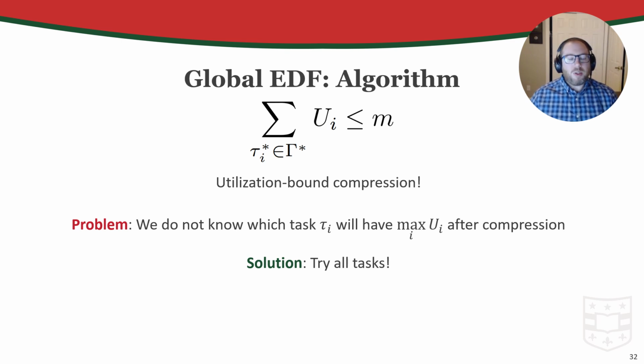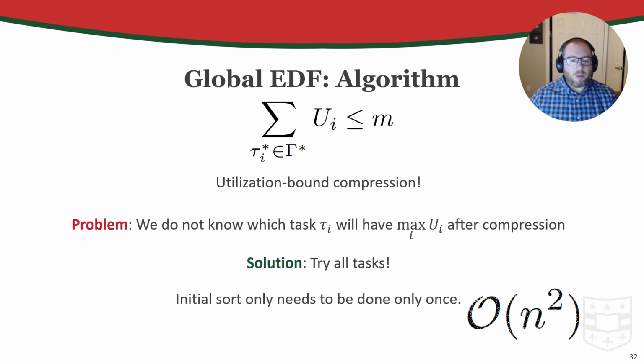And so now, since the initial sort needs to be done only once, we have a linear time compression for each selection of tau sub j, which ends up giving us a quadratic time algorithm.